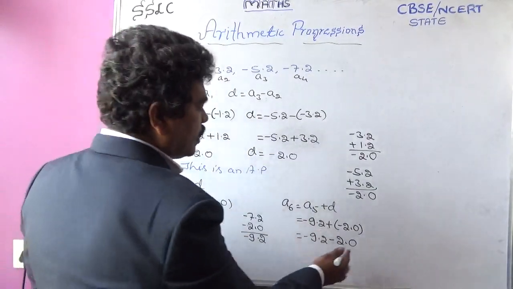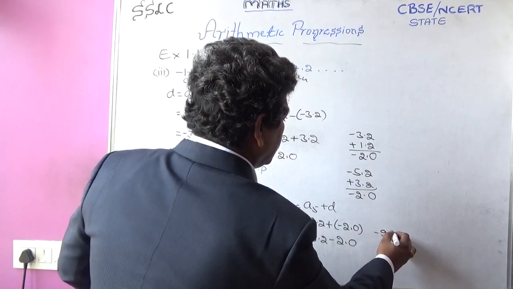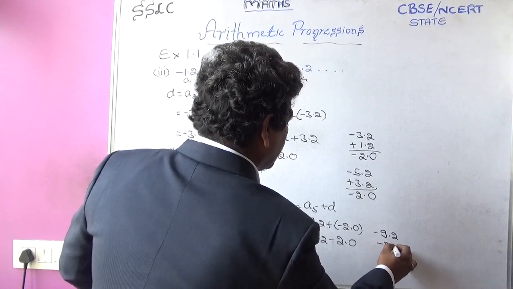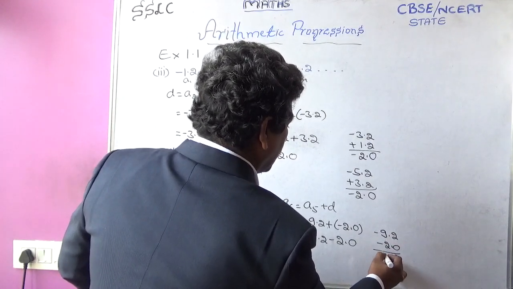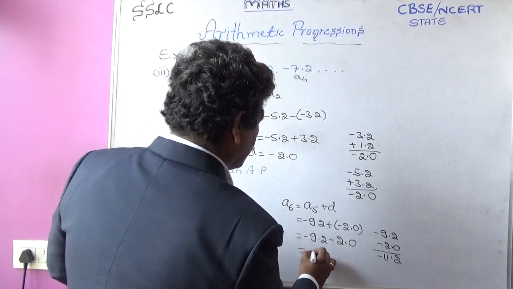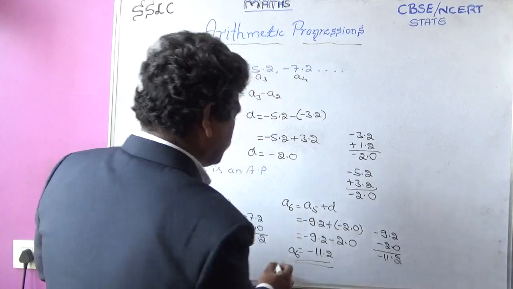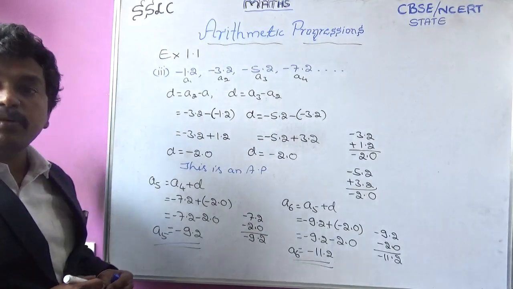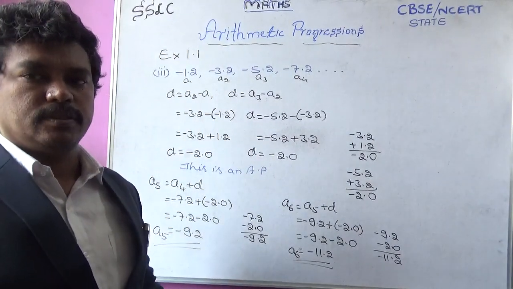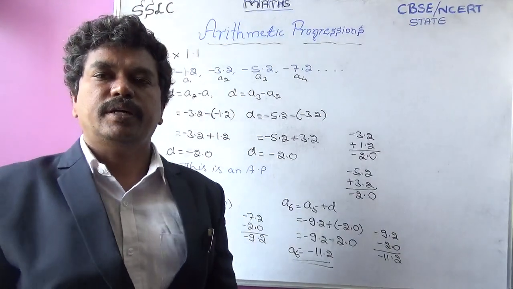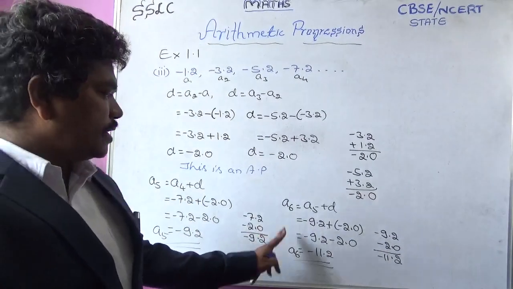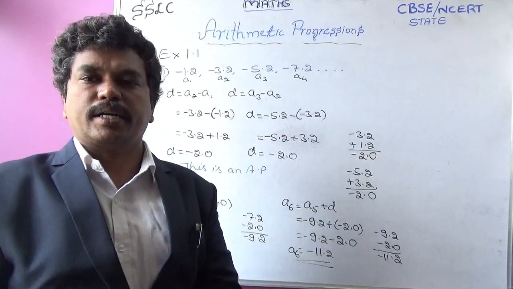Now we have to add these two. Minus 9.2 minus 2.0: 9 plus 2 is 11, minus 11.2. So A6 is minus 11.2. In this way you have to find A7. That is left for you to find. A7 is equal to A6 plus D.